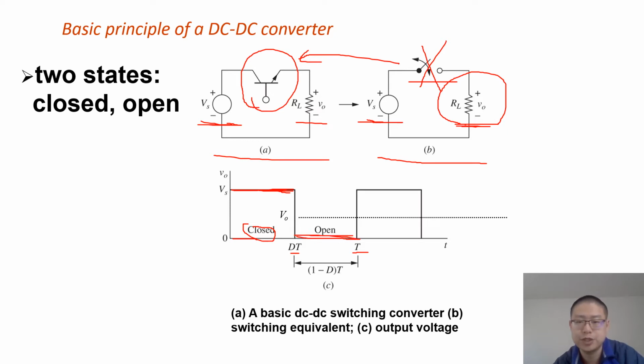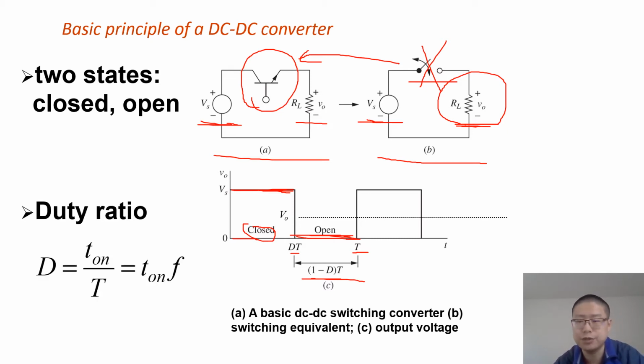The switch is open for time (1 minus D) times T. Here we have the definition of D. D is called duty ratio. It is T on over the capital letter T, the time of one period. It is the fraction of time when the switch is closed.